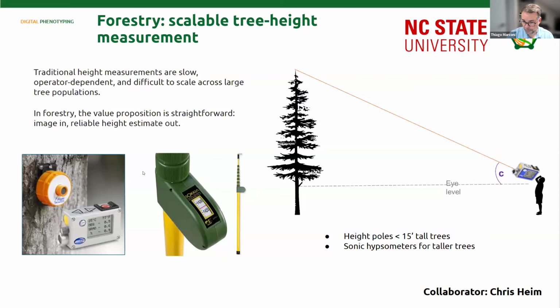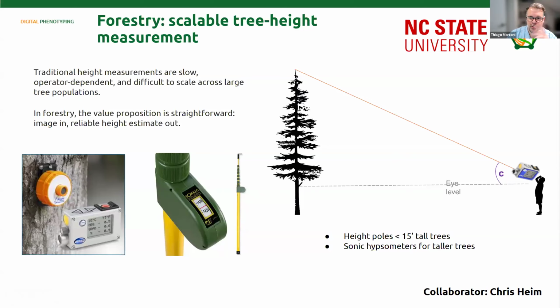Basically, they have a sensor at the base of the tree, more or less at chest height, and then you get away from the tree to where you can see the top of the tree, and you point the hypsometer to the top of the tree, and then you get an estimation based on Pythagoras of the height of your tree, right?